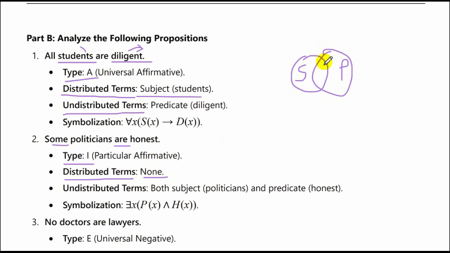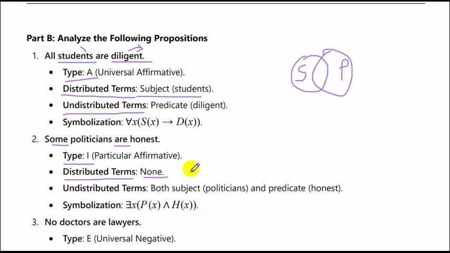The members of S are not all covered by P, and the P class does not apply to all of S. So both are undistributed terms, because they are spread out.